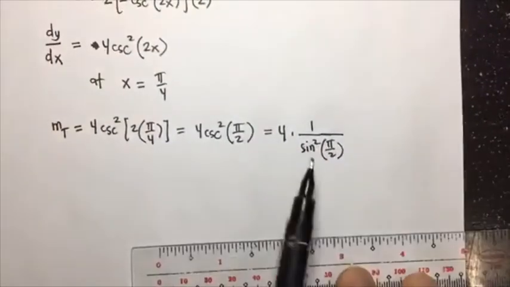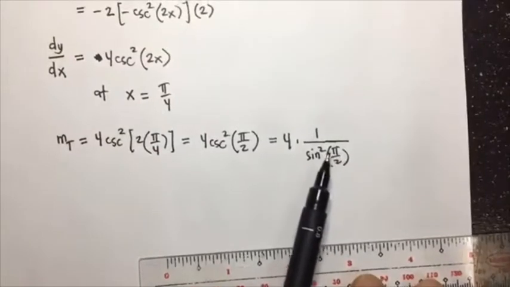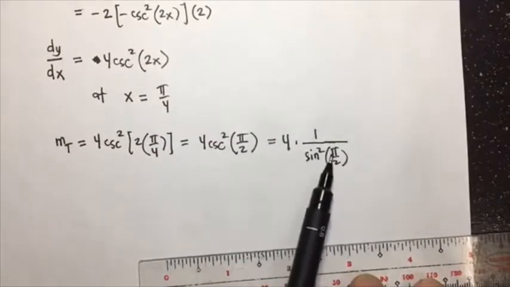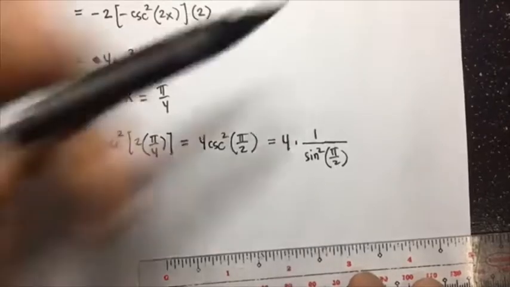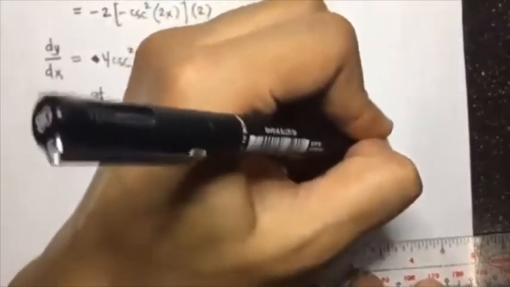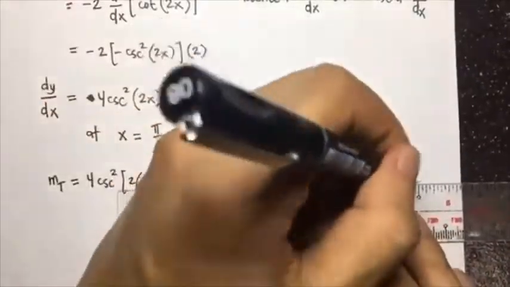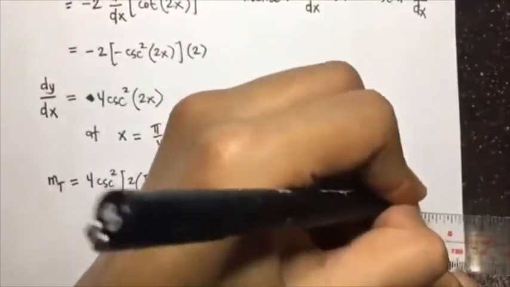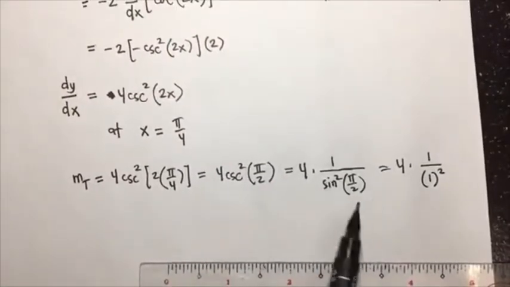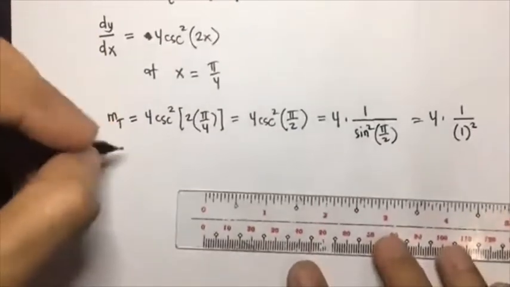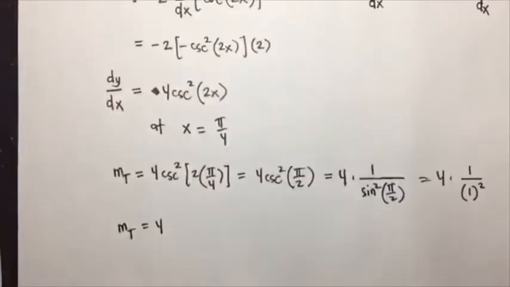Recall your trigonometry: pi over 2 is 90 degrees, so sine of 90 degrees is equal to 1, and squared it is still 1. So it's 4 times 1 over 1 squared. Therefore, the slope of the tangent is equal to 4.